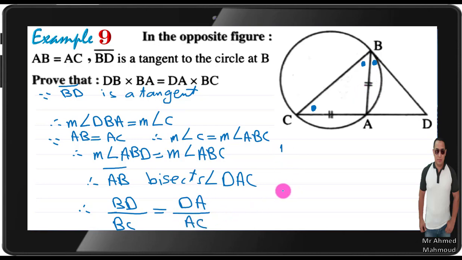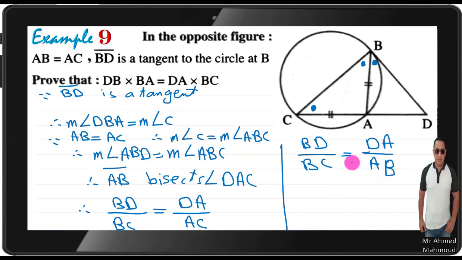Therefore the ratio again will be like this: BD over BC equals DA over AB. Now by making a cross multiplication, BD times AB equals DA times BC, and this is what we needed, and this is the end of the lesson.